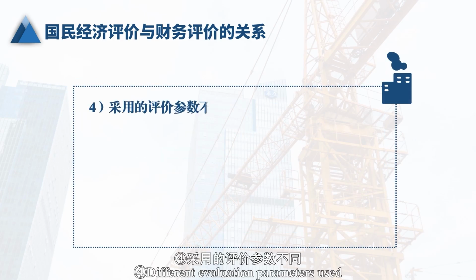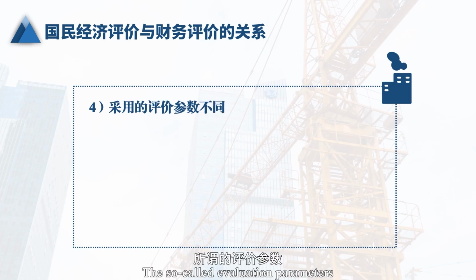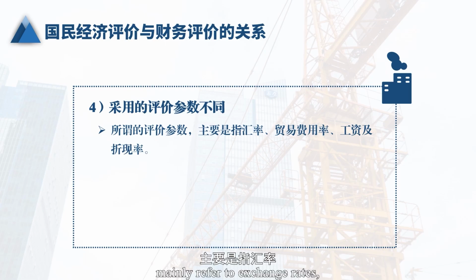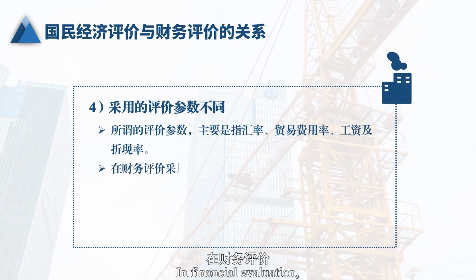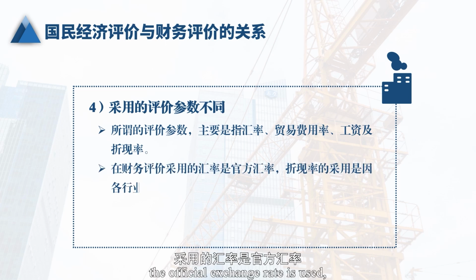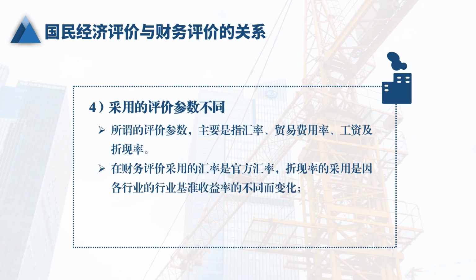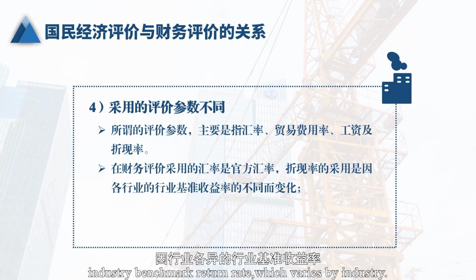Fourth, different evaluation parameters used. The so-called evaluation parameters mainly refer to exchange rates, trade expense rates, wages, and discount rates. In financial evaluation, the official exchange rate is used, and the discount rate adopted is the industry benchmark return rate, which varies by industry.